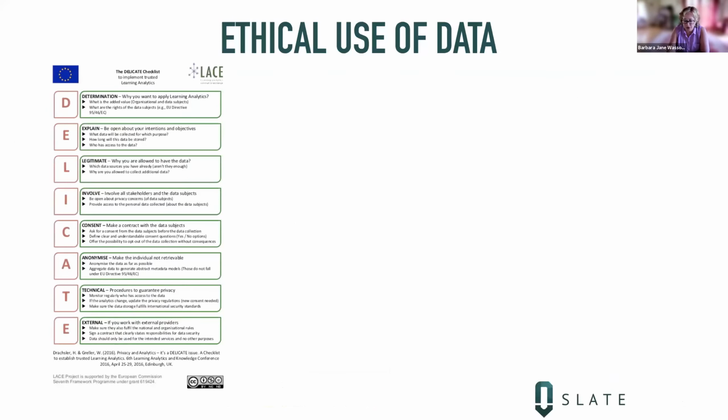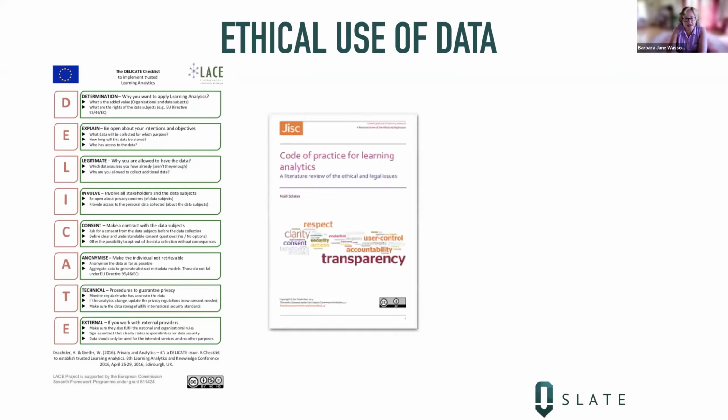When it comes to ethical use of data, already in the LACE project that I mentioned earlier, they had some nice work. Hendrik Drachsler and his colleagues developed what they call the DELICATE checklist, which takes you through different aspects you need to think about before you use the data: determination, explain, legitimate, involve, consent, anonymize, technical, and external issues to think about before you implement it.